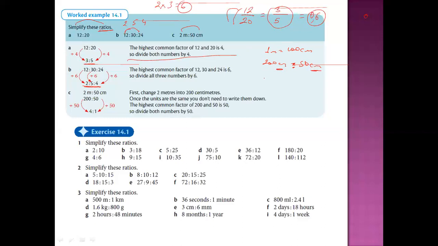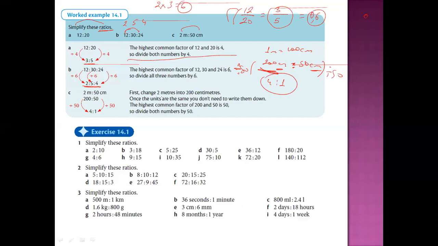Now we can do operations. We can divide by the highest common factor. These two numbers, 200 and 50, we can divide both sides by 50. When you divide by 50 both sides, you will get 4 to 1.